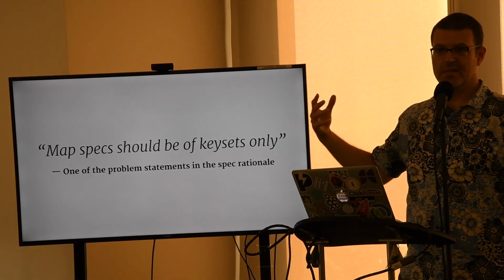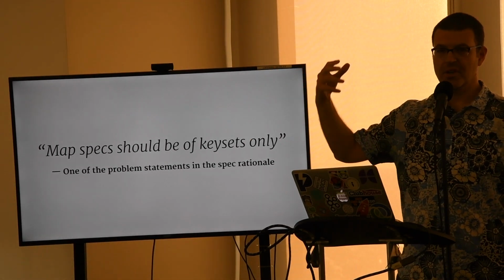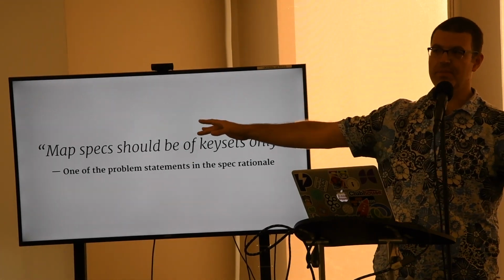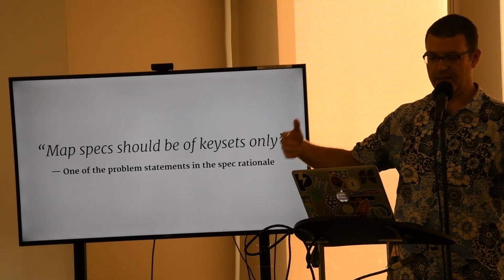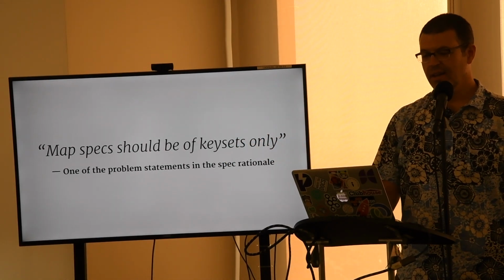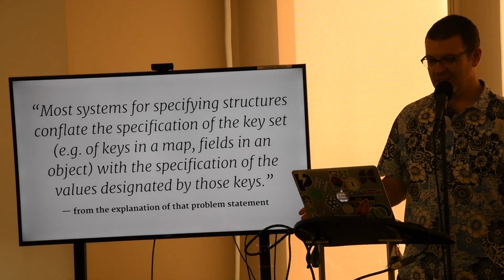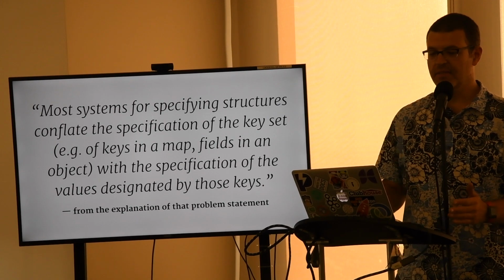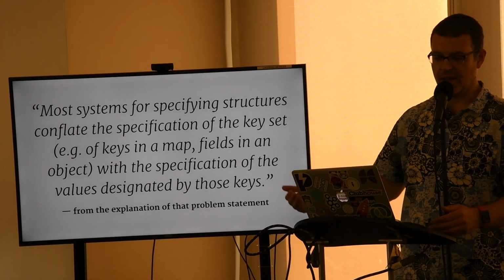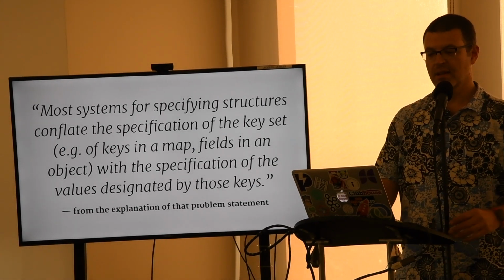One of the problem statements that Hickey wrote in the rationale for Spec is that map specs should be of key sets only. Now, I don't fully know what this means. I don't have a comp sci background, but it seems short, at least, if it fit on the slide. And then there's this, not as short. Most systems for specifying structures conflate the specification of the key set, e.g. of keys in a map, fields in an object, with the specification of the values designated by those keys.